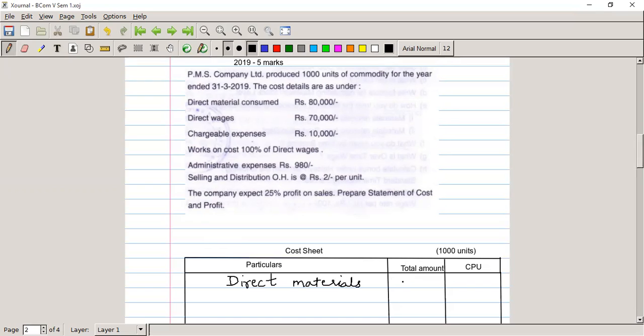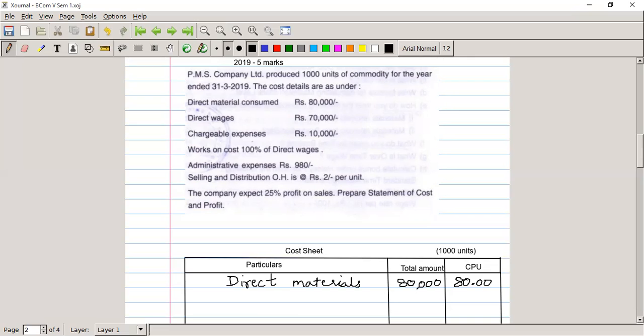That is given as 80,000 and the number of units produced is 1,000 units. When we divide this 80,000 by 1,000 units, we get CPU, that is 80 rupees. So let us write here as 80 rupees.